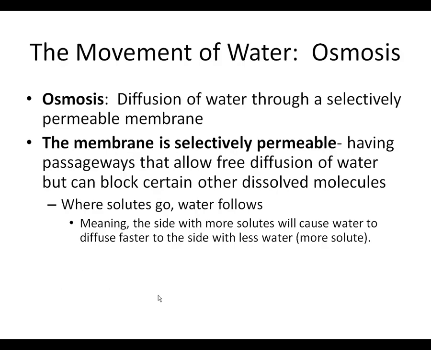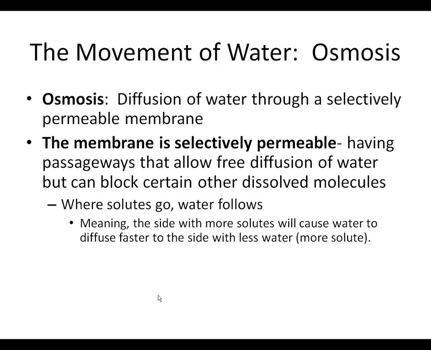Osmosis is simply the diffusion of water across a semi-permeable membrane. Basically, this membrane is going to have some sort of passageway that allows water to move in and out of the cell without blocking certain other molecules from going in or out. Wherever solutes go, water follows.